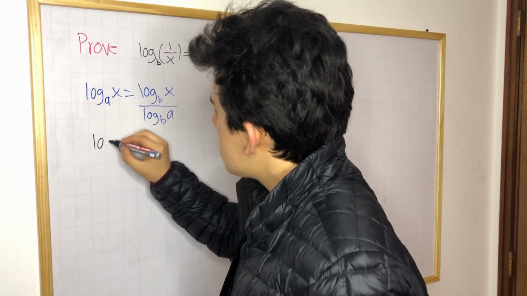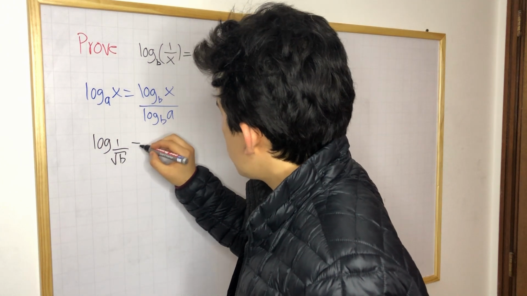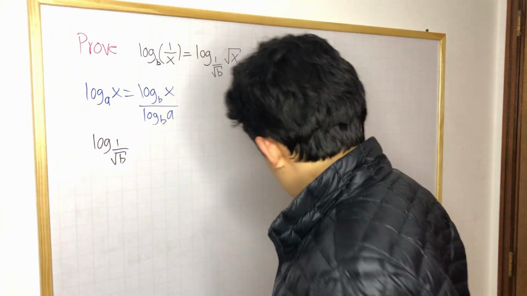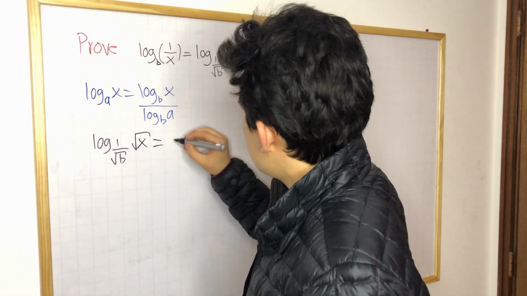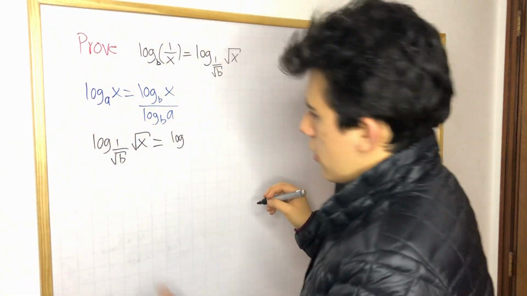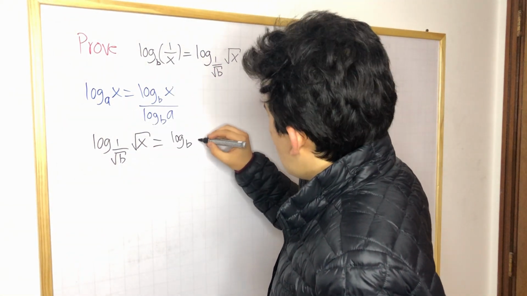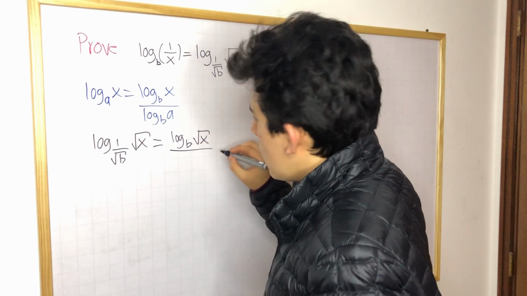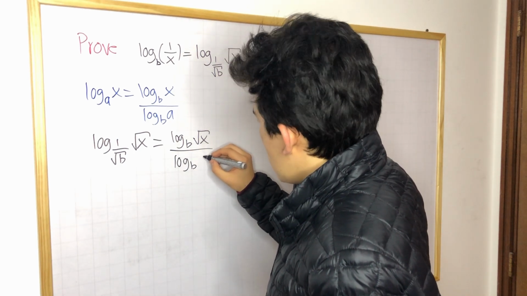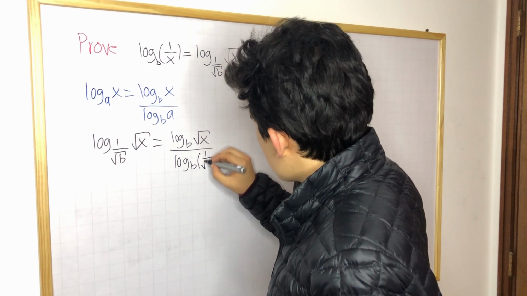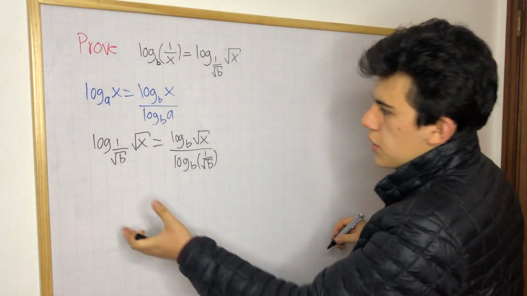So log base 1 over square root b of square root x, this is going to be equal to log base b of square root x over log base b of 1 over square root b, okay? This would be our change of base equation.